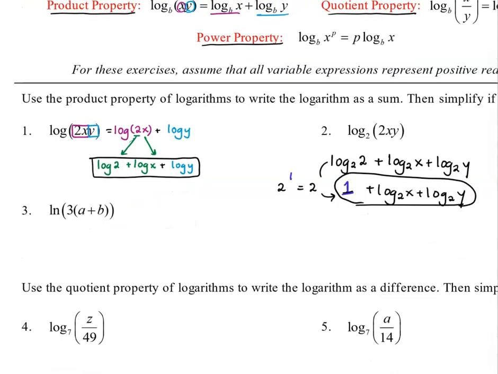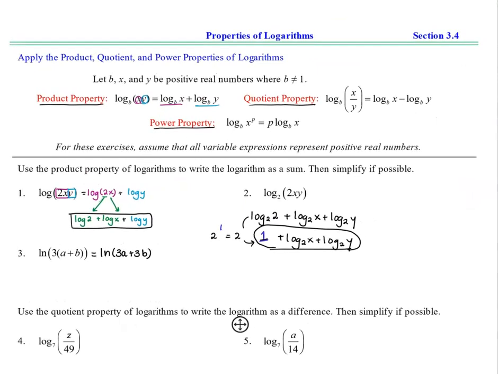In example 3, same thing, we want to break this apart. It might be tempting to start off and distribute the 3, and then you have natural log of 3a plus 3b, but there is no addition property that says how to simplify logarithms with addition on the inside.